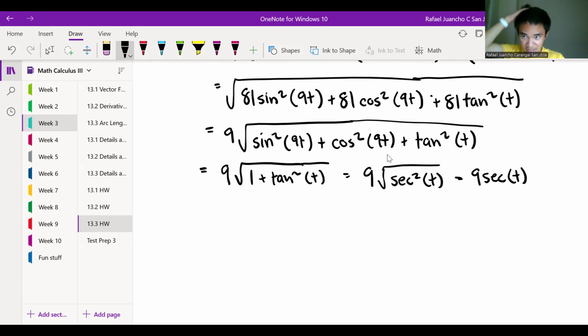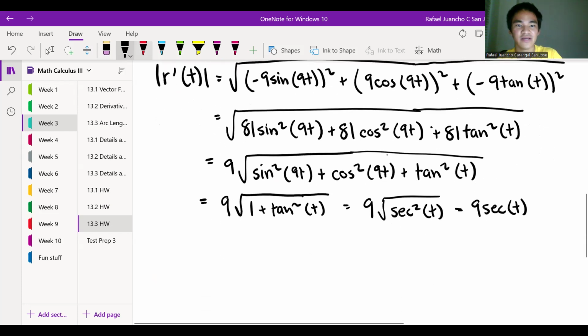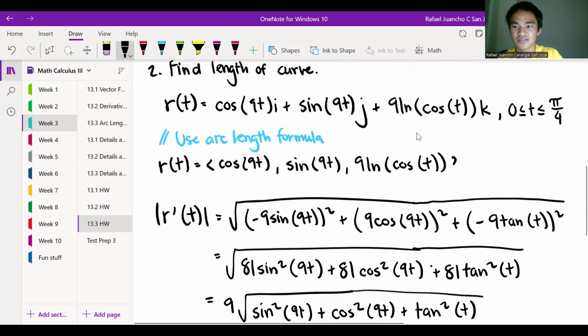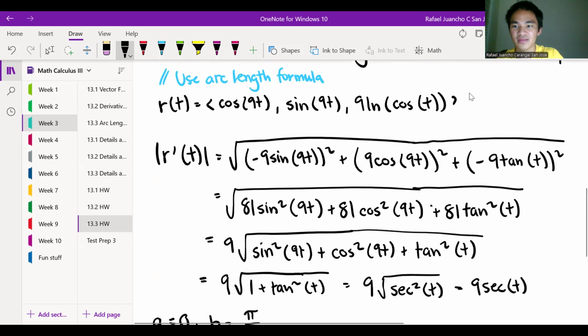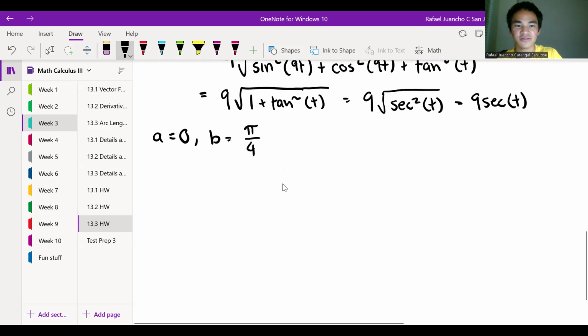So that's really helpful. Okay, and then now we have our A and our B, so we're chilling. Our A is 0, and our B is pi over 4. So that was a nice simplification. Now I can just plug it in.